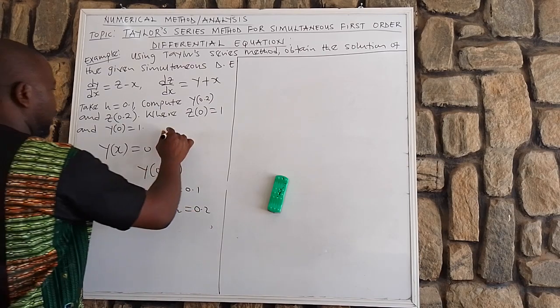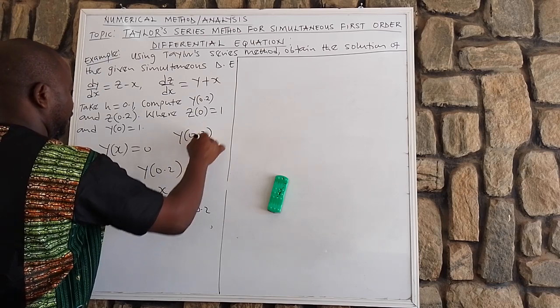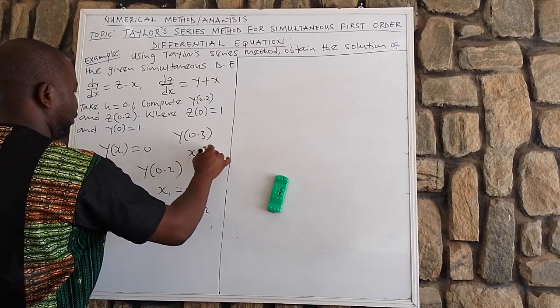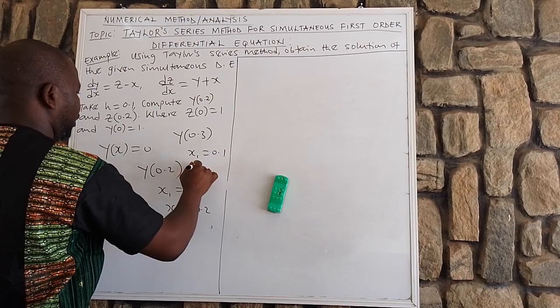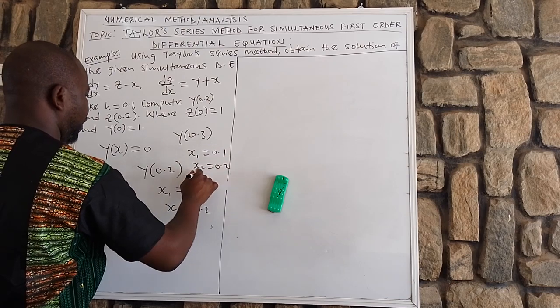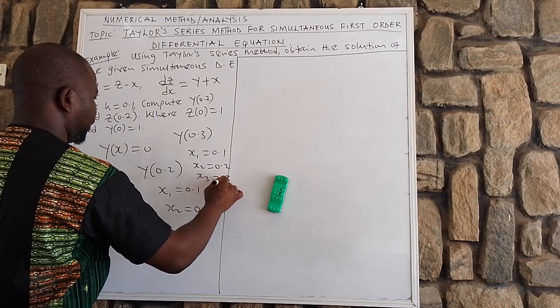So supposing our y of 0.3, this implies that x1 is equals to 0.1, x2 is equals to 0.2, x3 is equals to 0.3.